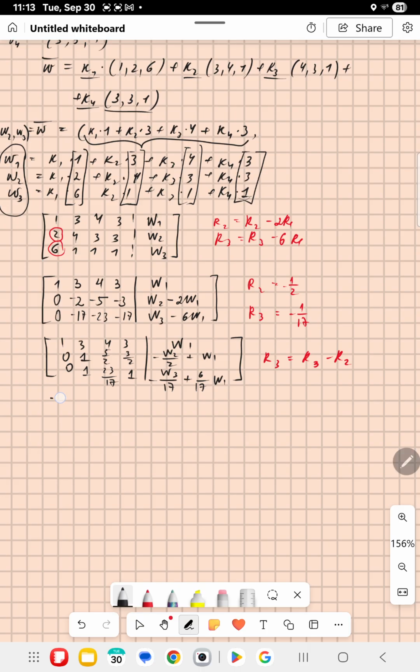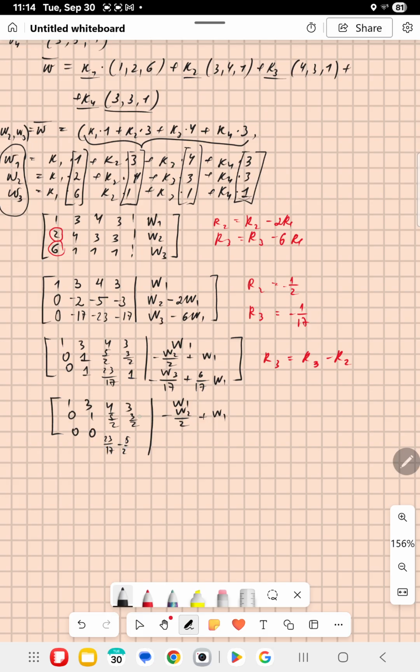So let's do it. 1, 3, 4, 3, W1, 0, 1, 5/2, 3/2, minus W2/2 plus W1, and that's 0, 0. I'll need to subtract here. Well, I'm just going to write it down and calculate it later, okay? 5/2.